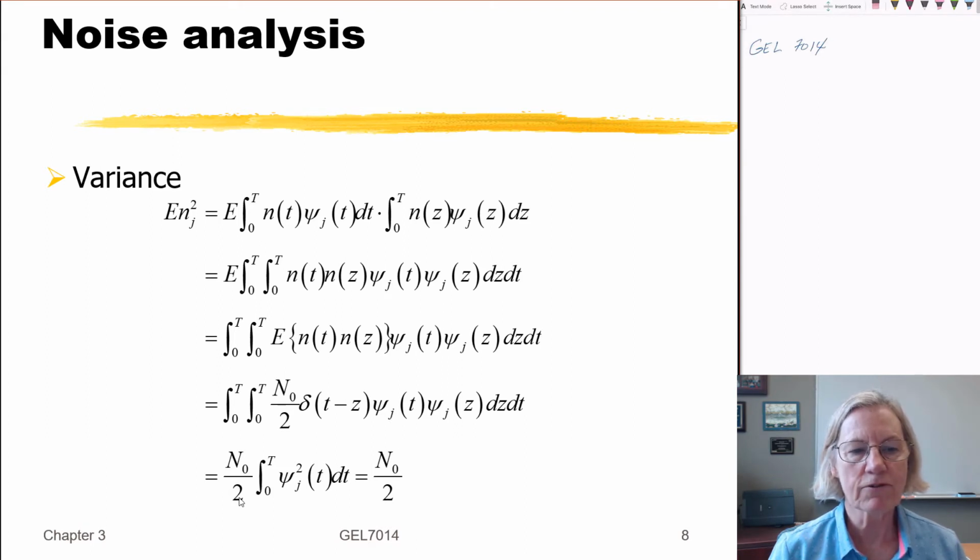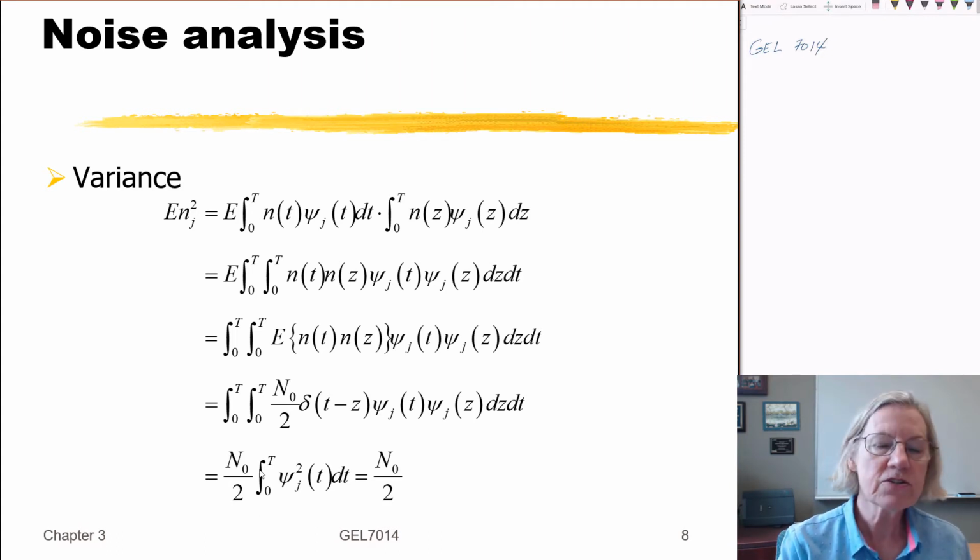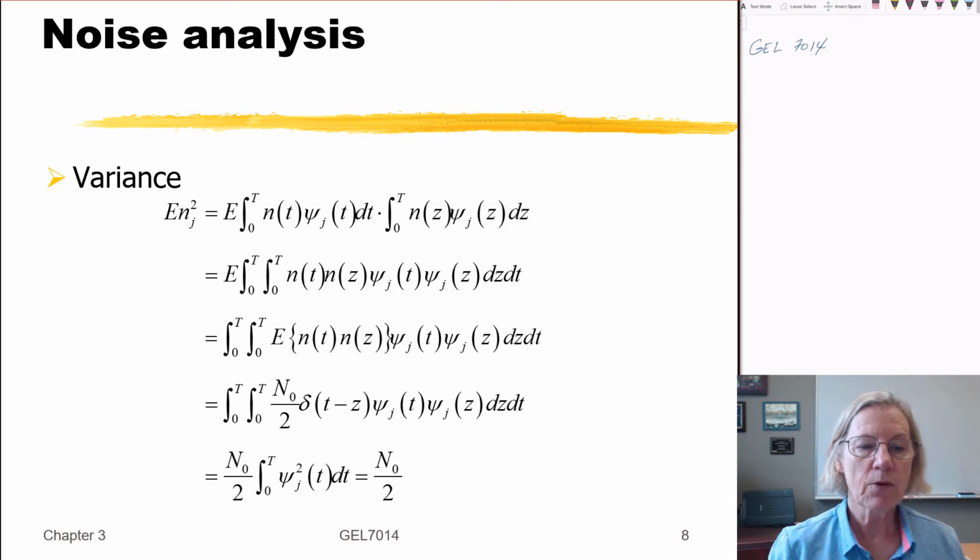So we have n0 over 2, and now we have the integral from 0 to T of just the basis vector squared. But you recall that we said we would choose basis vectors which are orthonormal, the normal meaning that they're normalized to have unit energy. And so we know that this integral, no matter which basis vector it is, will give 1.